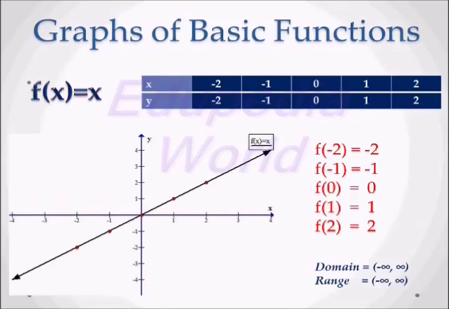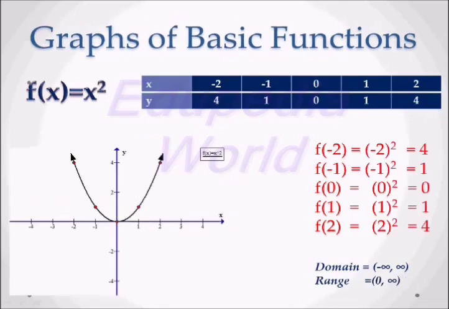Therefore, the domain of the function becomes minus infinity to infinity. When we substitute for x, we'll get corresponding f of x values which has no limitation. That is, f of x can vary from minus infinity to infinity depending on x value. So, the range of the function is also minus infinity to infinity.